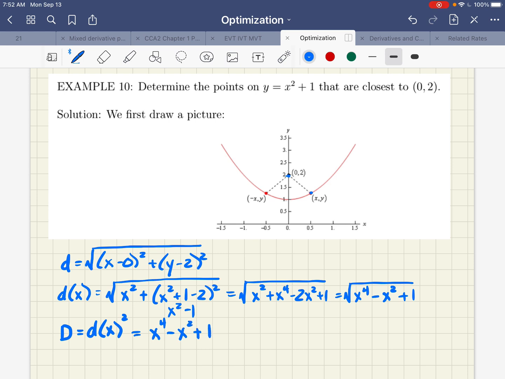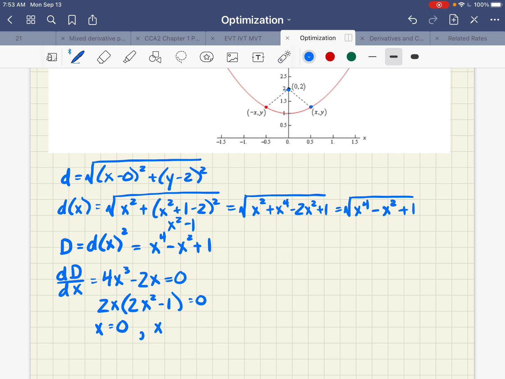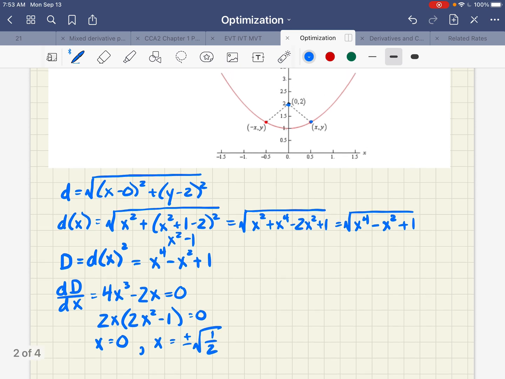So if I do that, this derivative is very easy. And I would set that derivative equal to 0 and solve for x. So let's see, factor out a 2x. So x is 0, where x is plus or minus square root of 1/2. So those are all the critical values.